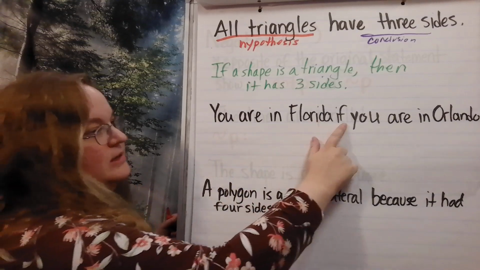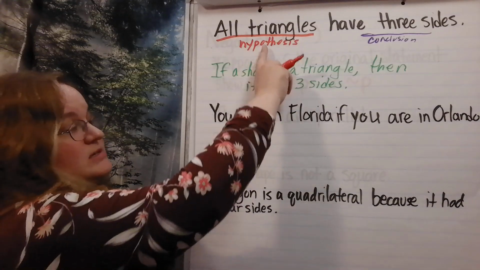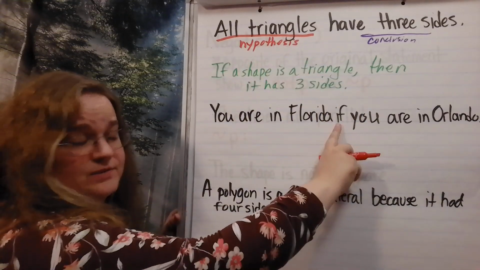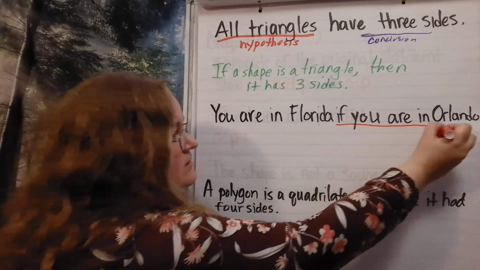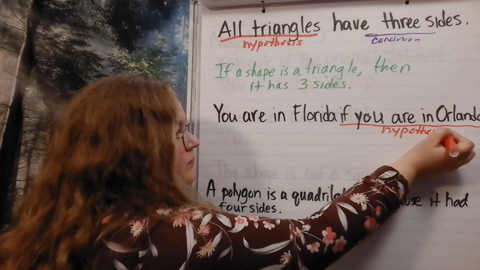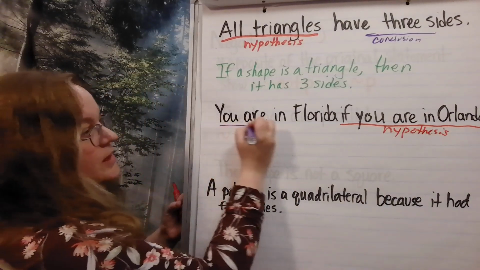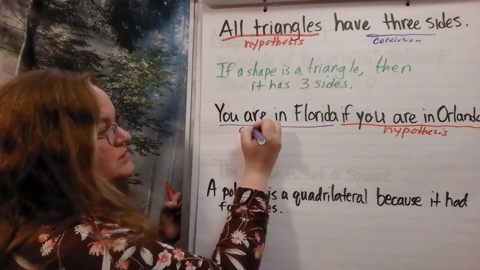Let's take a look at this one. You are in Florida if you are in Orlando. This one's a little tricky because the hypothesis is actually after the if. So if you are in Orlando, then you are in Florida. This is your conclusion.